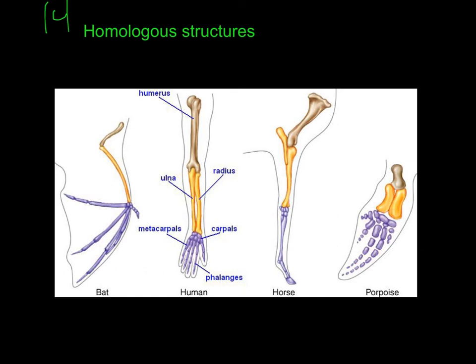All 4 structures look very different, but all are made up of similar bones. So the belief of science is that, hey, these bones came from the same place evolutionarily. So the fingers of a bat, the fingers of a human, the finger, if you will, of a horse, and the fingers of a porpoise are all very similar. Just like we all have very similar elongated arm bones.